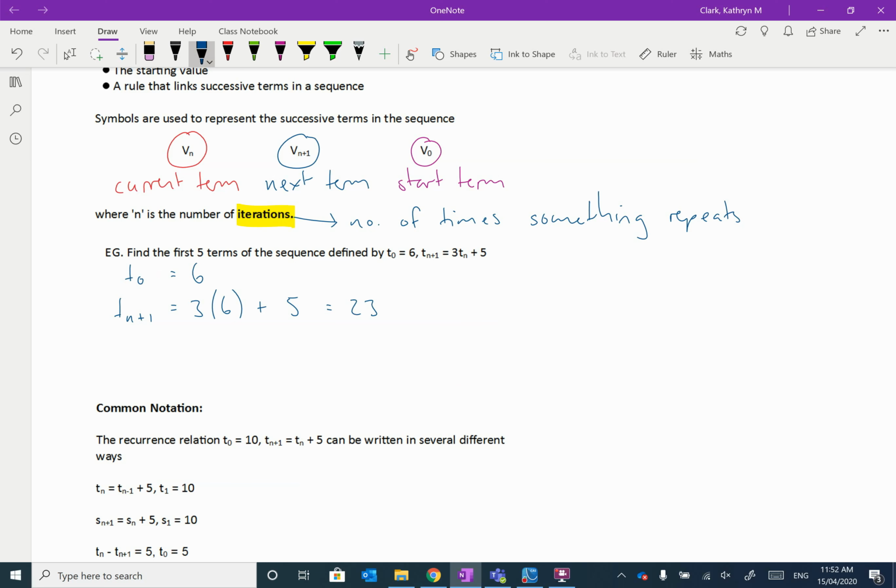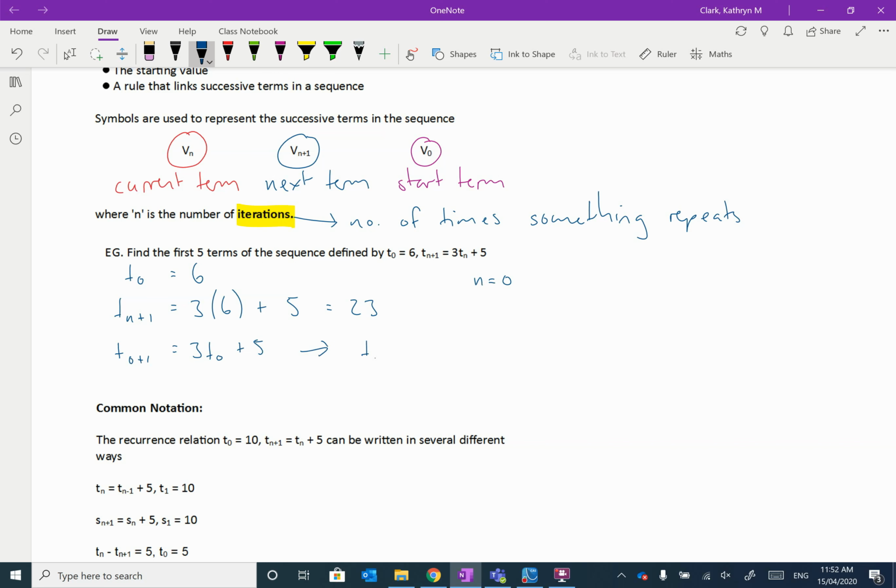We're then going to go on to find the next term. Well, actually, in this case, our n value is 0. So this would be t(0+1) will equal 3 lots of t0 plus 5.